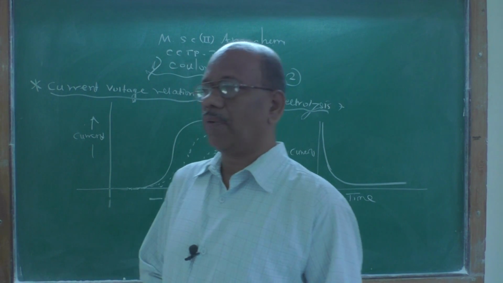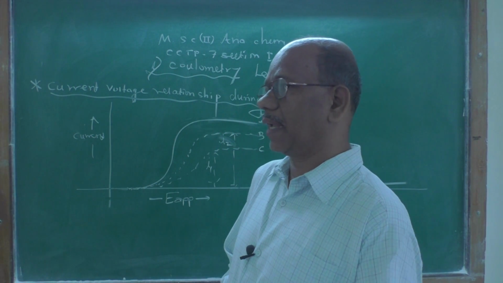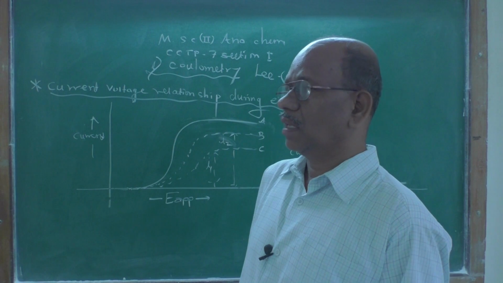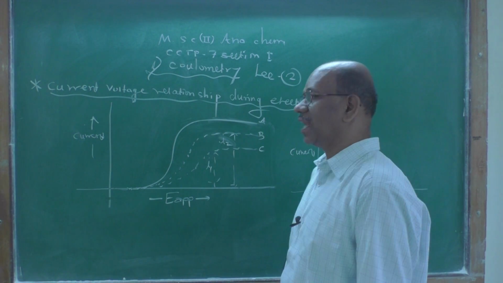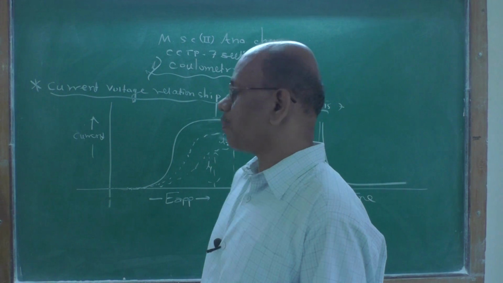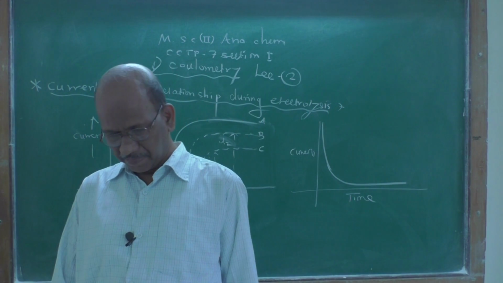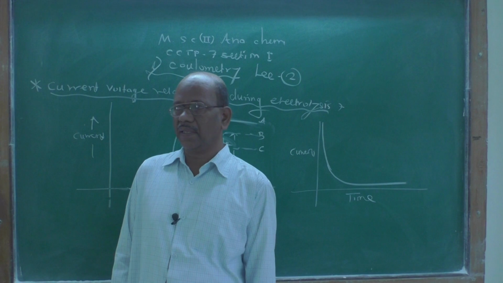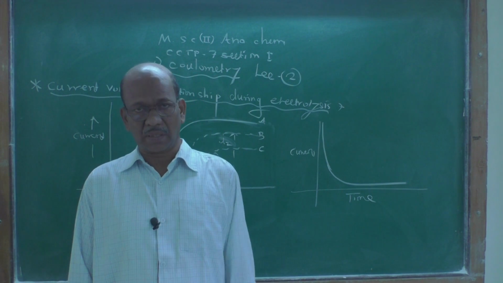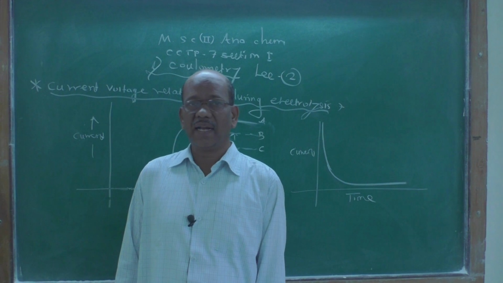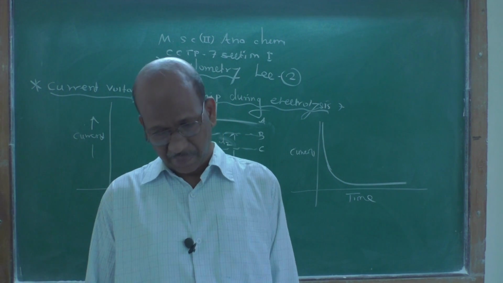I can explain these one by one later on. Before that, the current voltage relationship during electrolysis is an important concept, generally in the coulometric method in which the current is constant. We must get 100% efficiency.